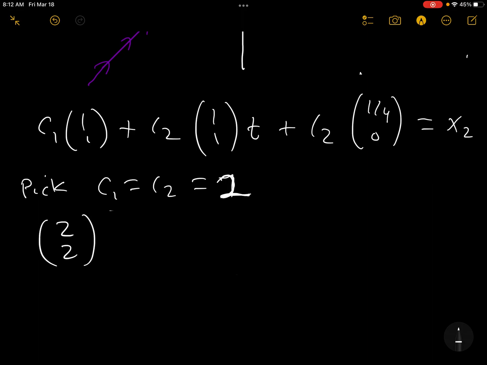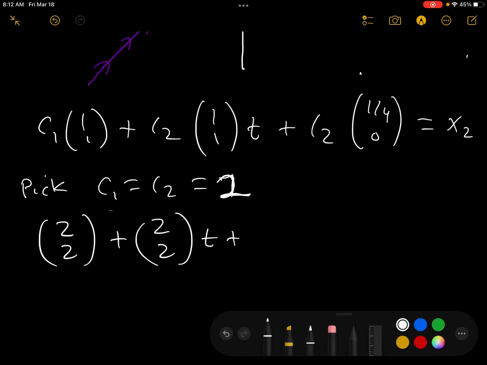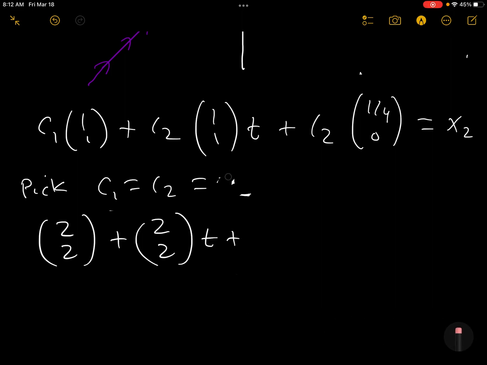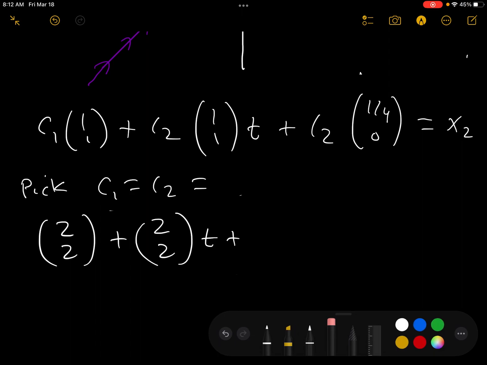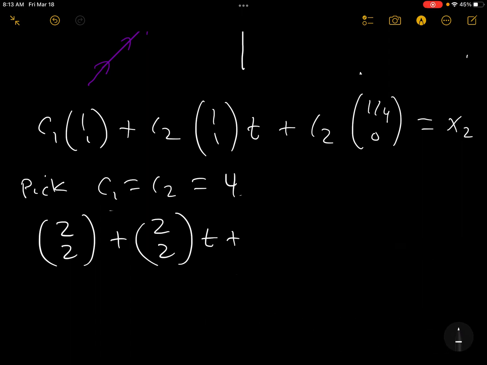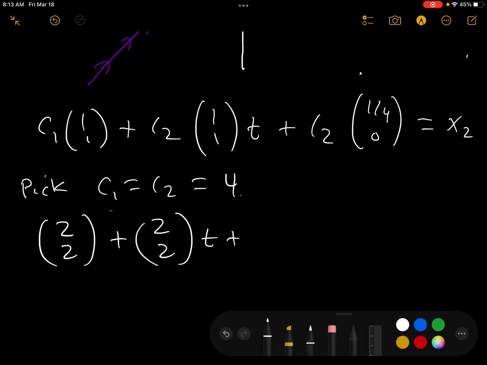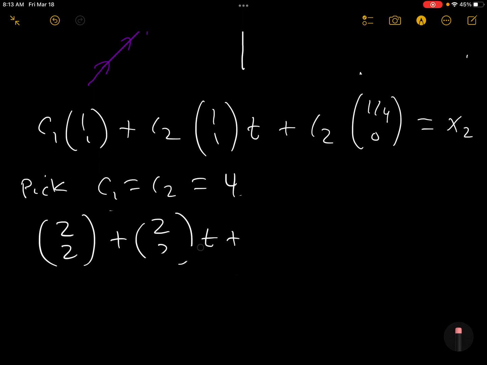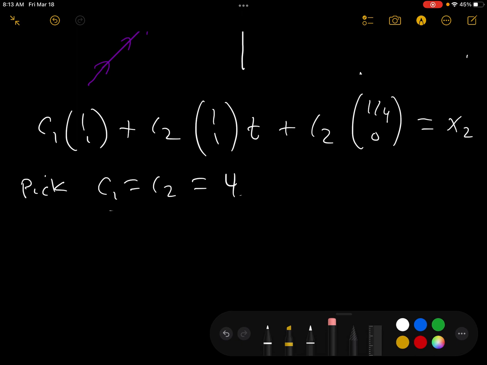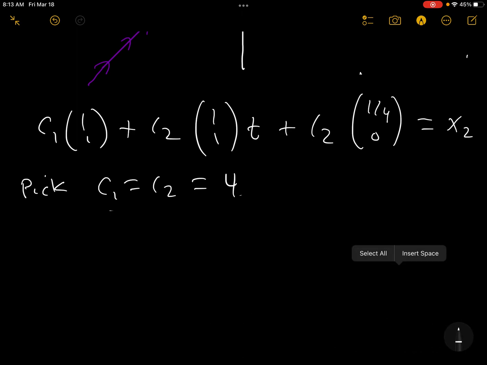So now I have (2, 2) plus (2, 2) t plus... actually I should let it be 4, shouldn't I? Most of the time 1, 1 works, but this time it took me too close to the origin. You can't really get a feeling for what's going on. So sorry for that. We're letting C1 equal C2 equal 4.